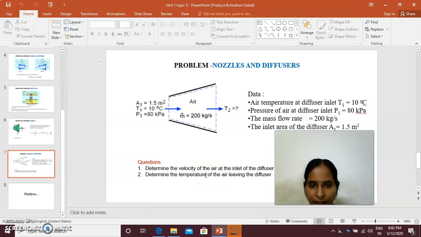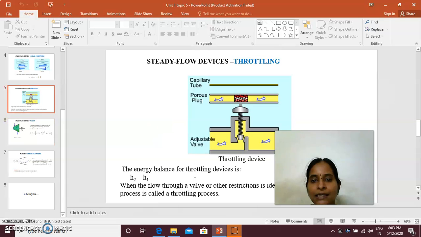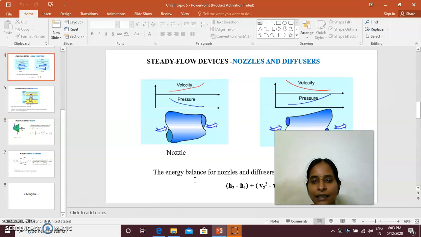Some of the other applications are heat transfer equipment, wherever heat transfer takes place and is converted not only to work but also to other changes in energy. These can be solved using the steady flow energy equations.